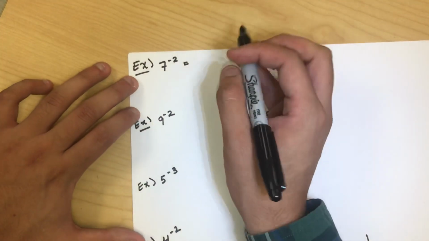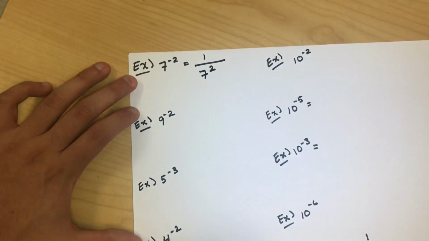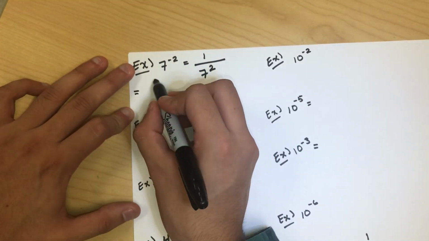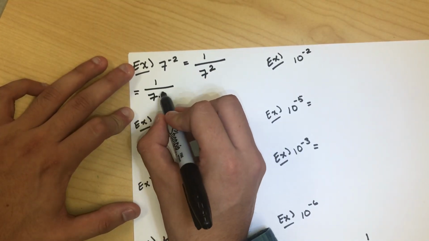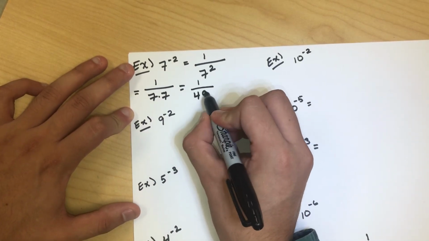So 7 to the negative 2 is going to be 1 over 7 to the positive 2. Well, 7 squared, 1 over 7 squared is just 1 over 7 times 7. And 7 times 7 is 49, so we get 1 over 49.